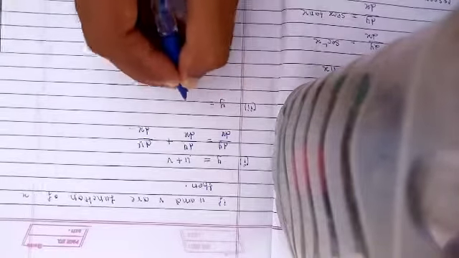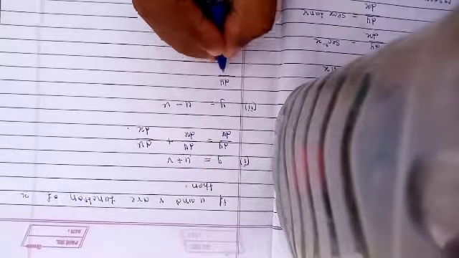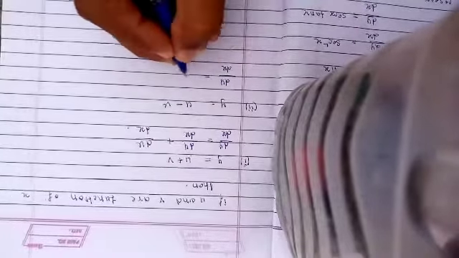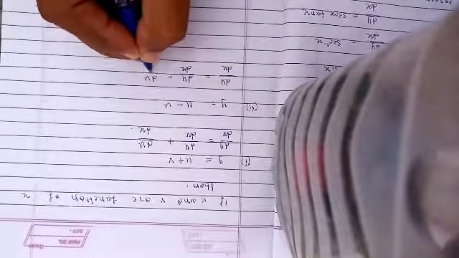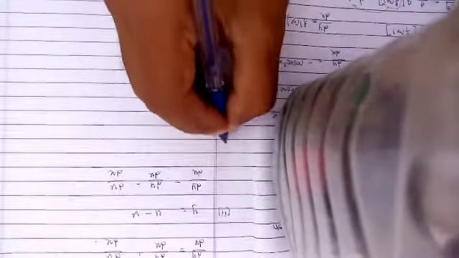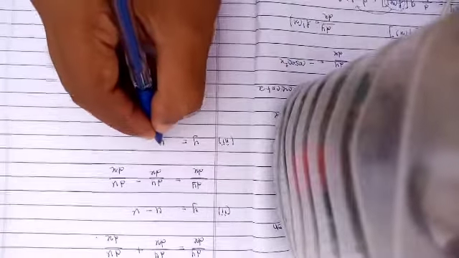Second one, y is equal to u minus v, so dy by dx is equal to du by dx minus dv by dx. Third one, y is equal to u into v.